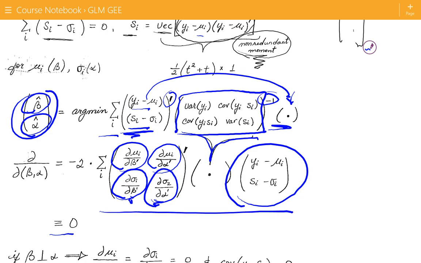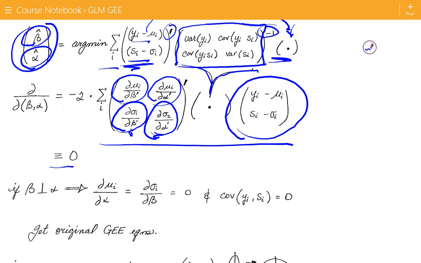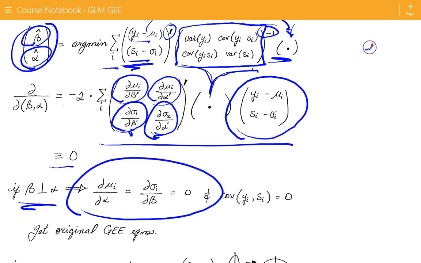So this is the equation that we've had in the generalized method of moments framework in the last lectures. Now, if it's the case that the betas and alphas, the parameters of the means and the parameters of the variance covariances, are not related to each other, they are just separate parameter vectors, then the derivative of the mu with respect to alpha is 0 because it doesn't contain an alpha, and similarly the derivative of sigma with respect to beta is also 0 because it doesn't contain betas.